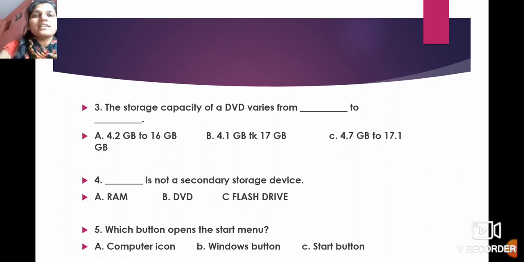Digital versatile disc. Okay, so the full form of DVD is digital versatile disc or digital video disc. Now what is the storage capacity of DVD? Options are 4.2 to 16 GB, 4.1 to 17 GB, 4.7 to 17.1 GB.